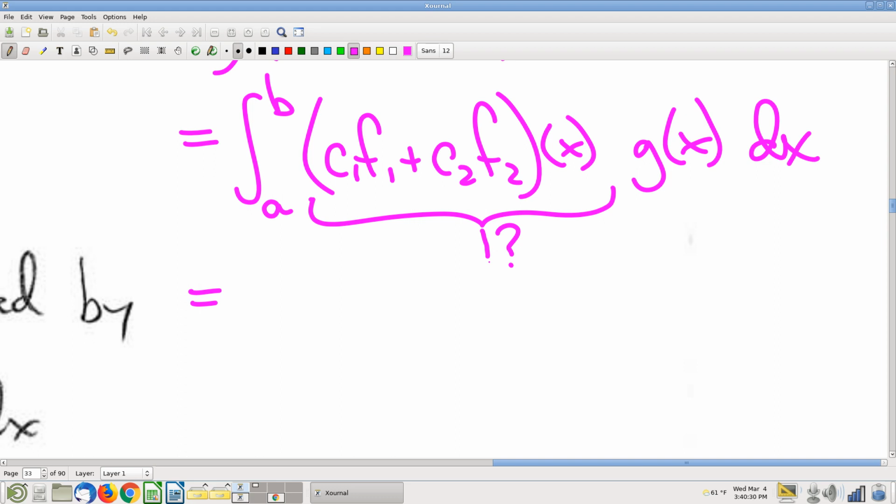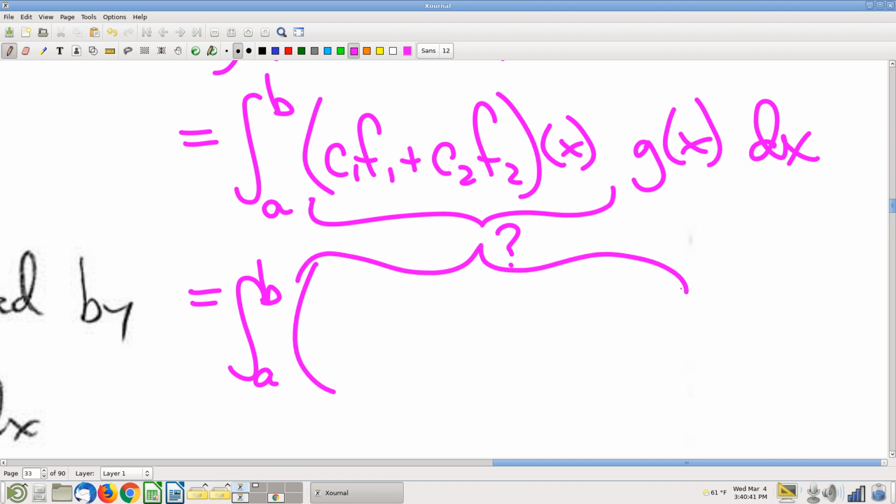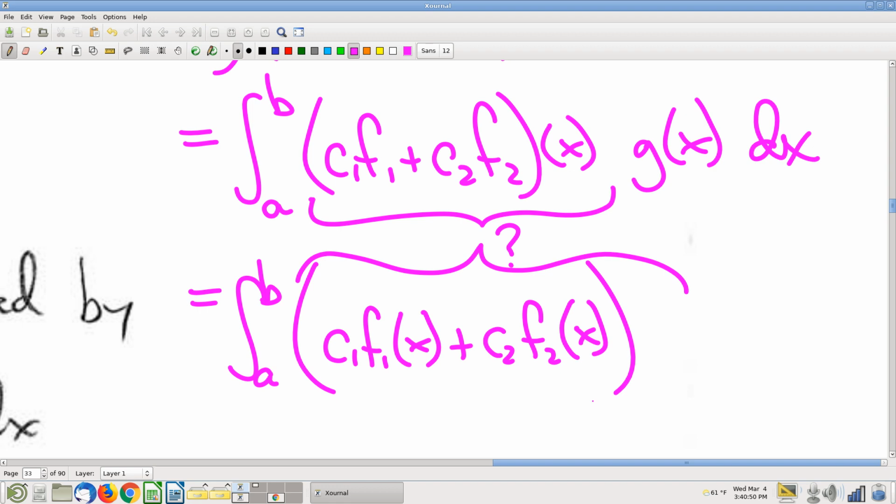Well, the way we evaluate a linear combination of functions was c1 f1 of x plus c2 f2 of x. You just take the appropriate linear combination of the individual values. Definition. Okay. Times g of x dx.